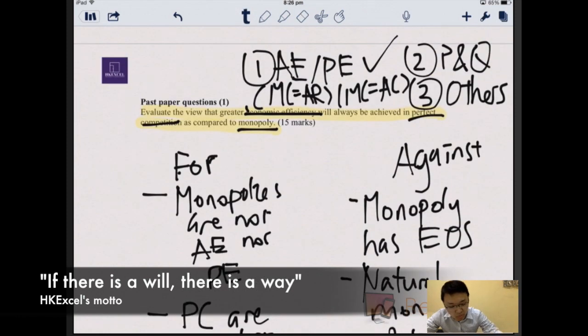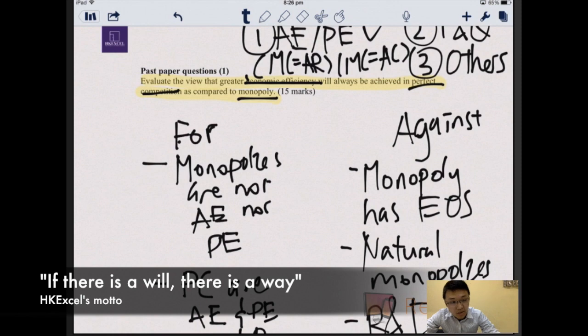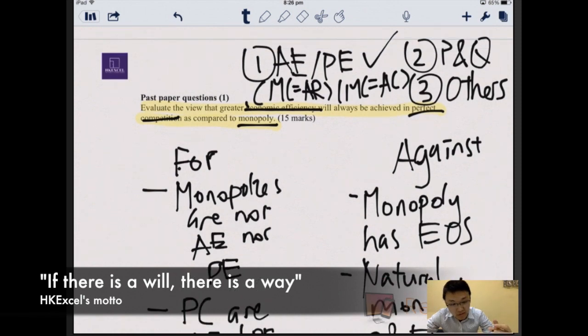So another point about price and quantity, however, is that there's something else. That is, monopolies can have economies of scale. Economies of scale refers to decreases in the average cost due to large-scale production. Monopolies can be large firms, right? Because they are the only firm in the market. And when monopolies have economies of scale, they can lower cost, and this could lead to lower prices and higher quantity.